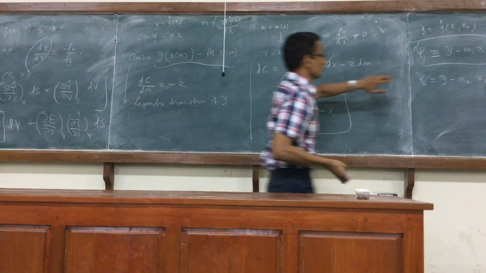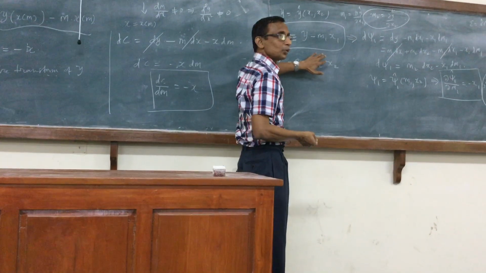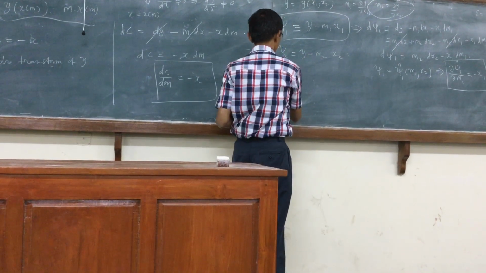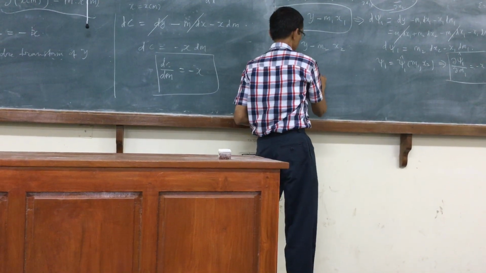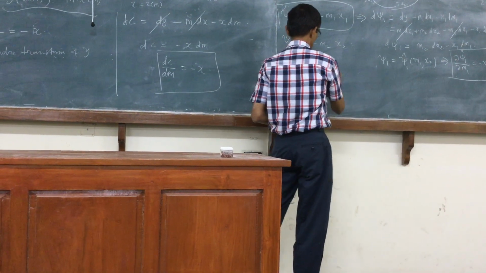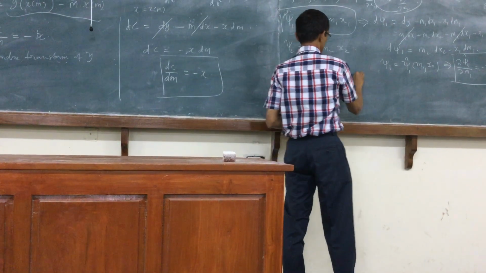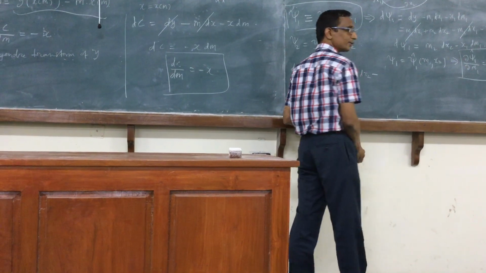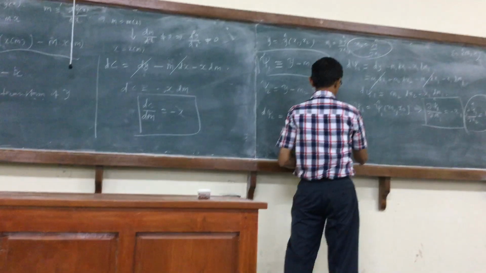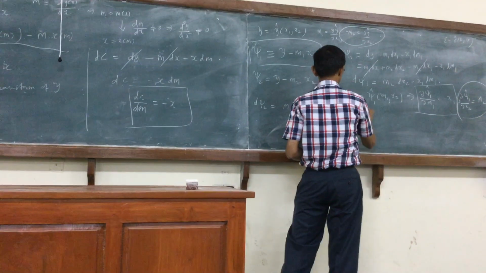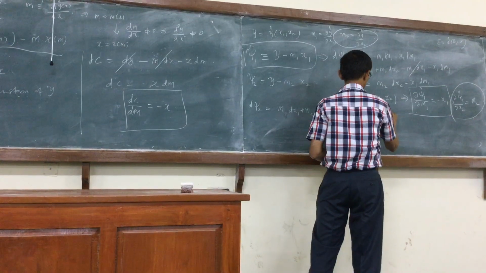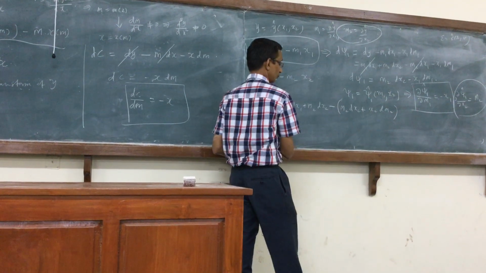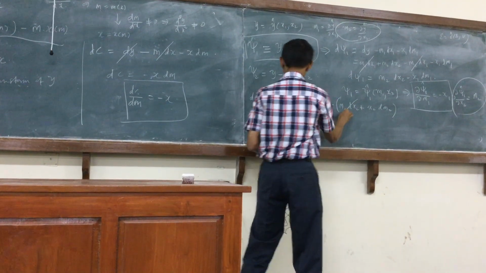Now clearly, if I do this, y minus m2 x2, then I get d psi2 is dy, which is m1 dx1 plus m2 dx2 minus m2 dx2 within brackets plus x2 dm2. So m2 dx2 now will get cancelled.